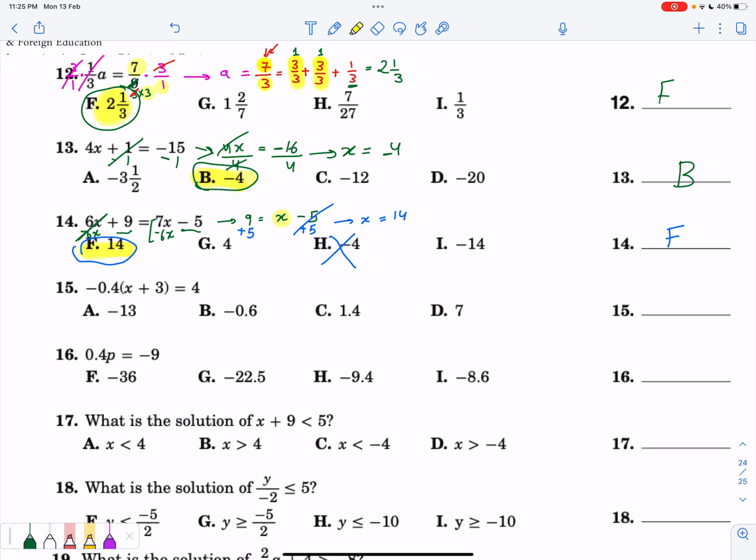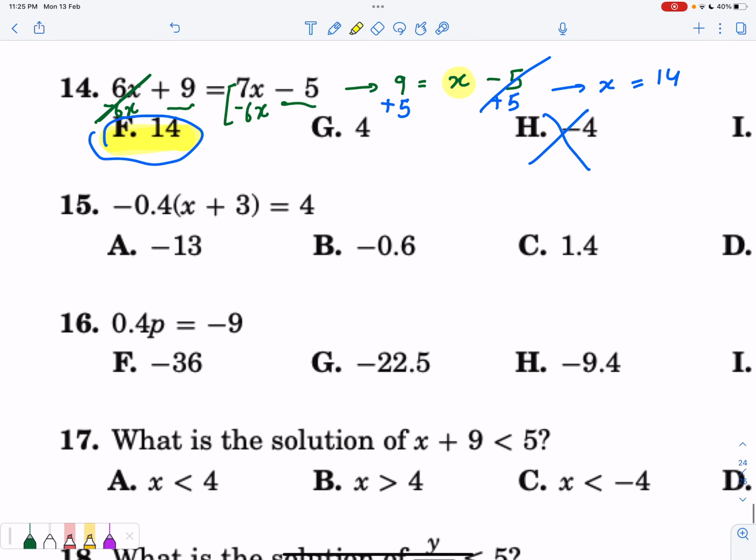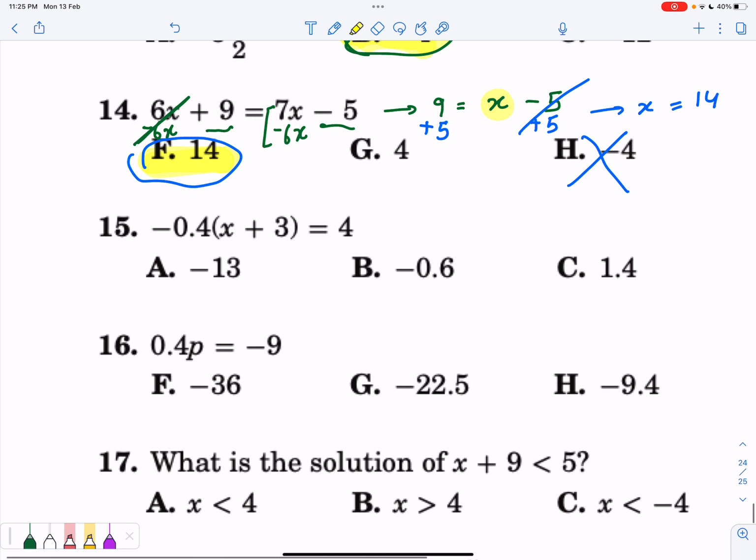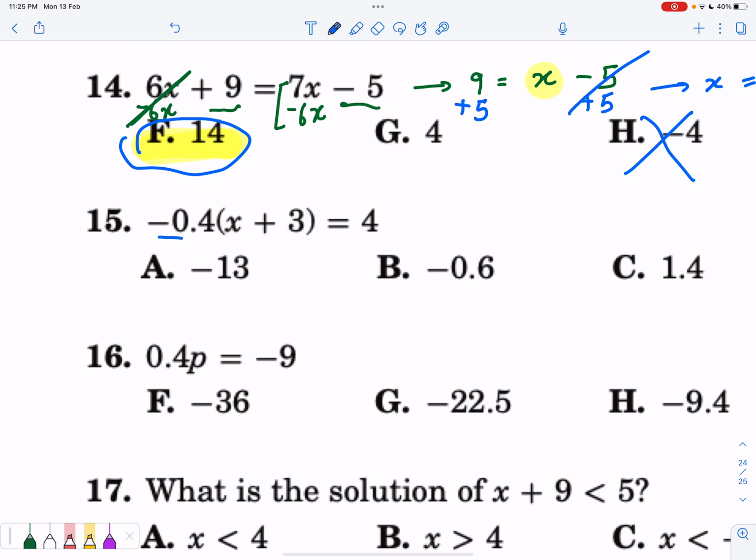Okay, let's do the next question. Here we have negative 0.4 multiplied by x plus 3, that is equal to 4. So to solve this equation, we need to first get rid of the number that we have out here. So we need to divide both sides by the negative 0.4.